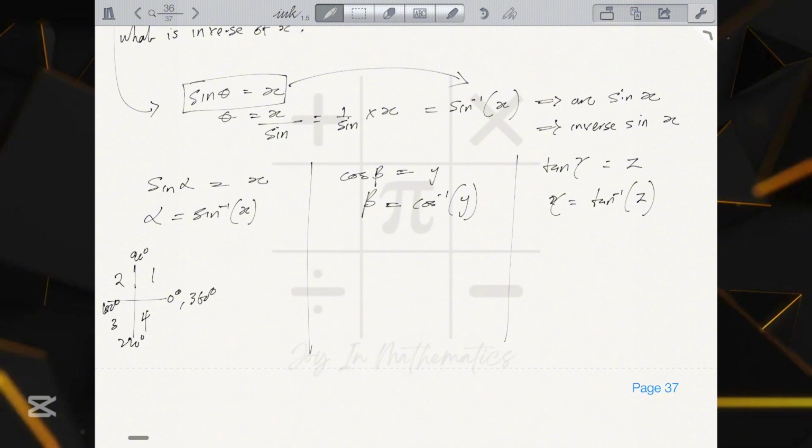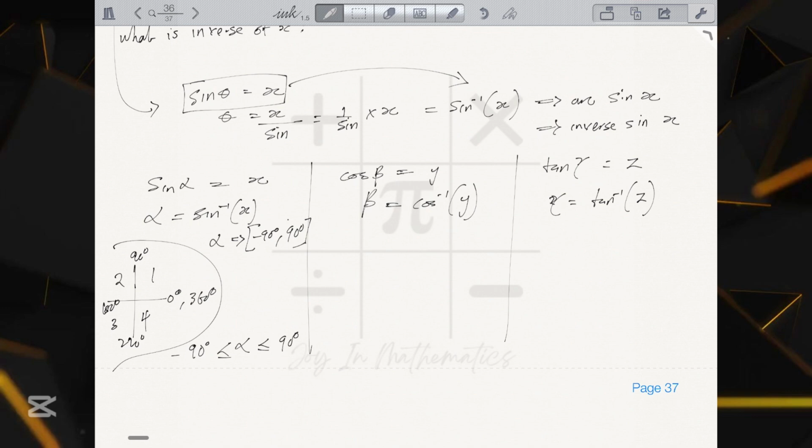And now we can come to a conclusion based on derivation that the range of alpha is going to be between the values of minus 90 degrees to 90 degrees. So we are saying that alpha can be greater than or equal to minus 90 degrees, and also less than or equal to 90 degrees.